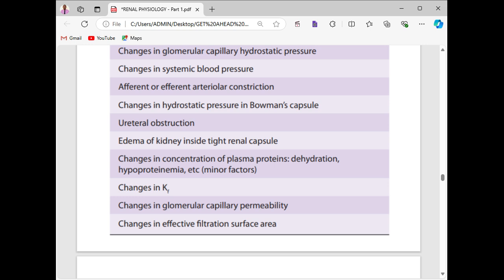Glomerular capillary pressure increases glomerular filtration rate. Colloidal osmotic pressure decreases glomerular filtration rate. Hydrostatic pressure decreases glomerular filtration rate. Even hormones also have an effect on the glomerular filtration rate.